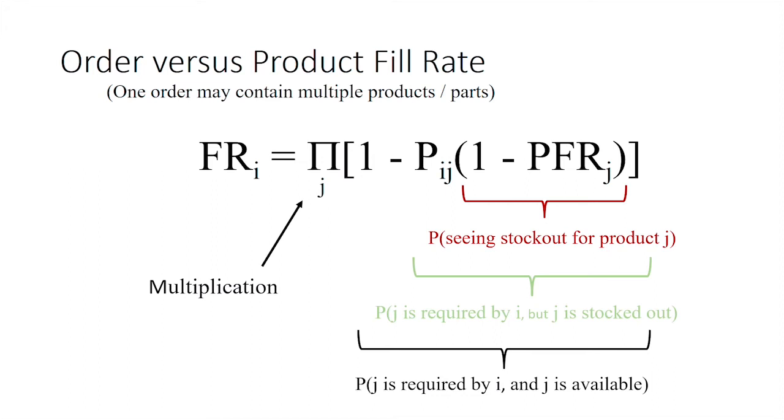If I have 5 parts for one order, j would be from 1 to 5. I have to first find out the 5 probabilities that the part is available when it is required by the order, and then multiply these 5 probabilities to find out the fill rate, which is the probability that all of these 5 parts are available when they are required by the order.